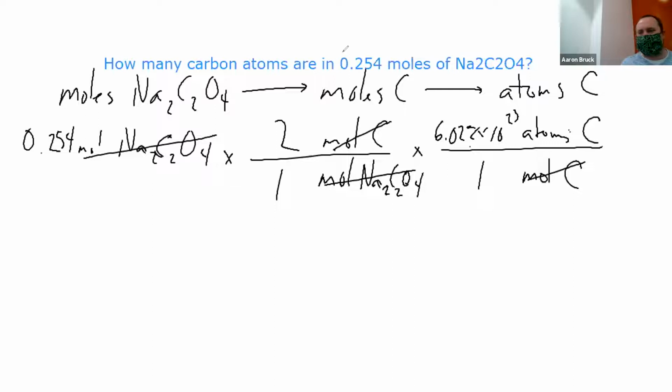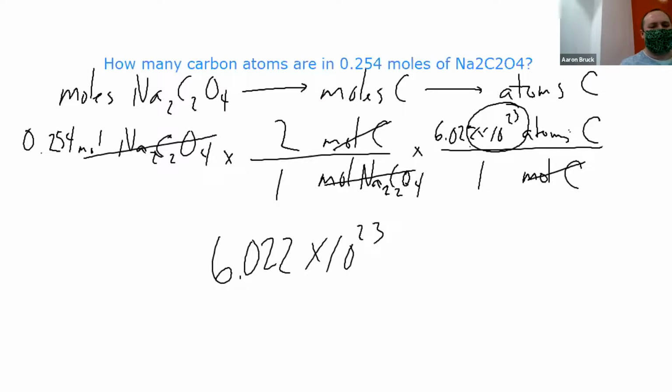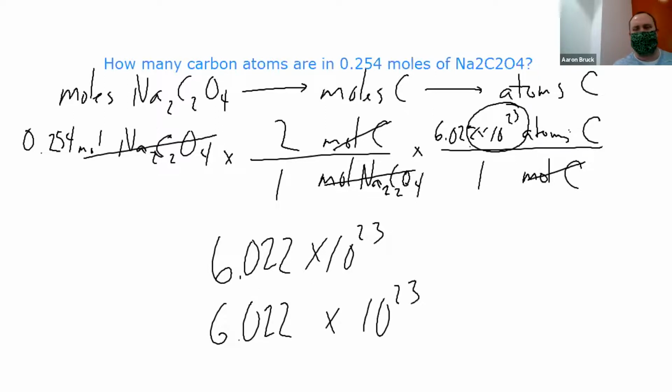The thing that I want to avoid you doing, regardless of what it is, do not try to enter this number as if it was a mathematical function, meaning 6.022 times 10 to the 23rd should not be entered in as 6.022 multiplied by 10 to the 23rd.